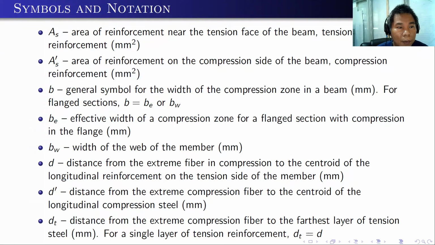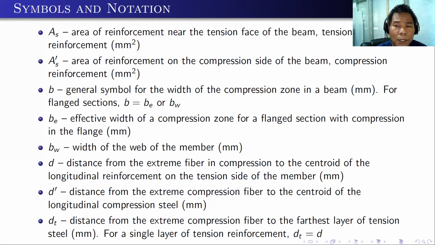Here are different symbols and notations. You should be able to familiarize these symbols because this is very important in our design. Like for example, the capital A sub s is the tension reinforcement. If there will be a prime, that is A sub s prime, this concerns the compression reinforcement. Small b is a general symbol for the width of the compression zone.